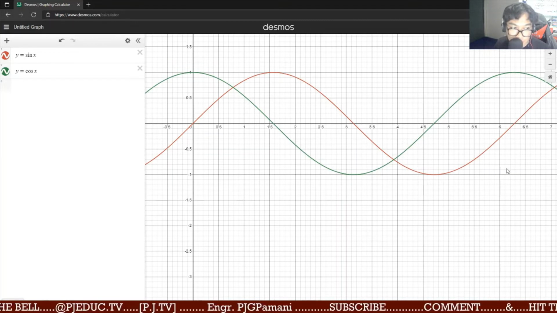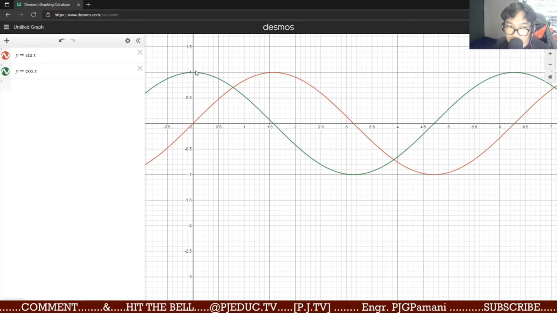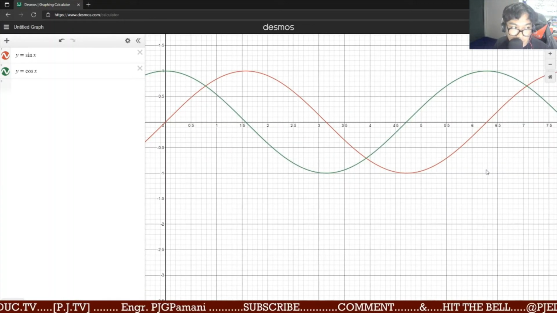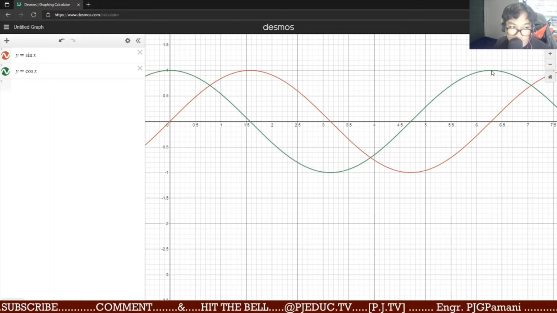Ganun din lang, parehas lang. Kasi sa sine, ang point starting niya is the origin. But with cosine, lagi siyang nag-start with the y-axis. So then, ang period niyan is the same as the sine. So, papansinin nyo, this is 2 pi, this is also 2 pi.